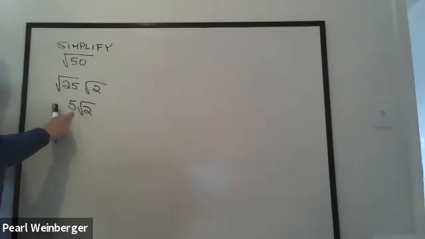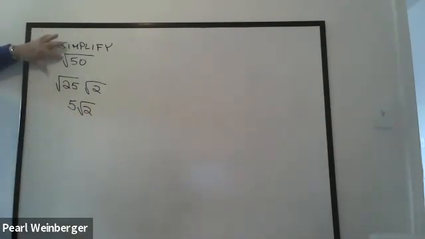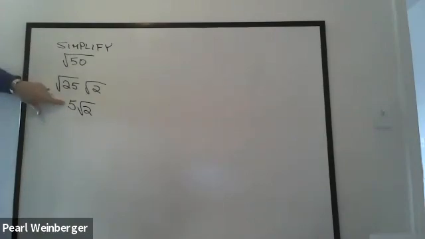This really means that I have the number 5, a perfectly good rational number, it's not even a radical, times the square root of 2. And if you put 5 times radical 2 into the calculator, you would see that they would be equal to the same thing.